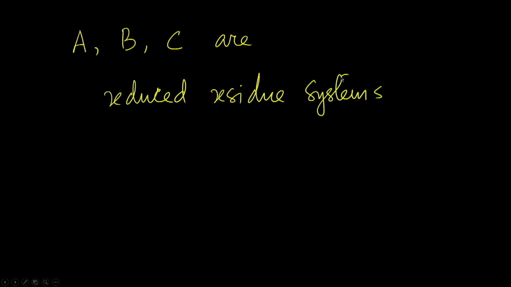Let us say A, B, C are three sets. They are three reduced residue systems modulo m, n and mn respectively.